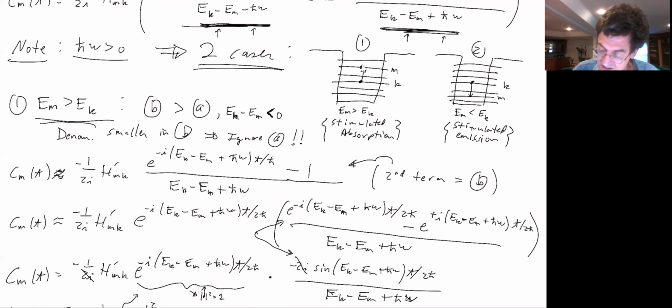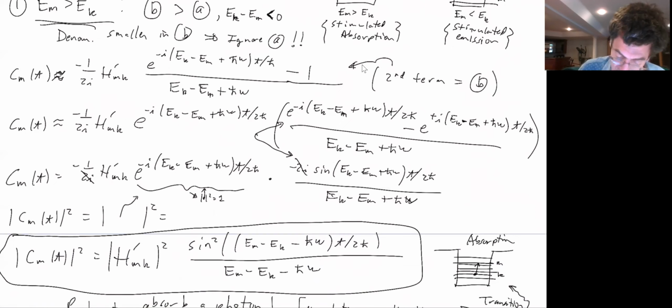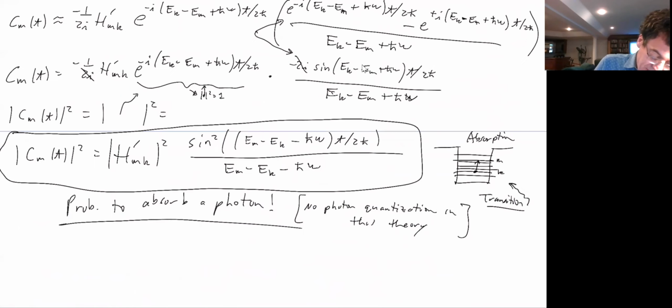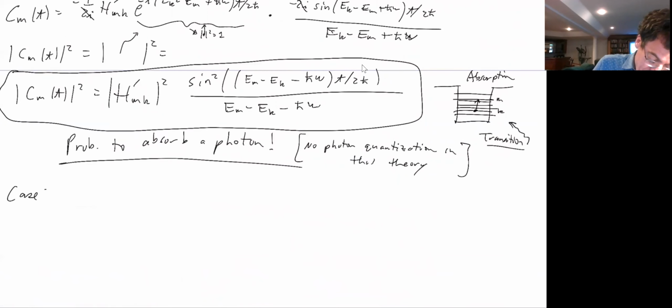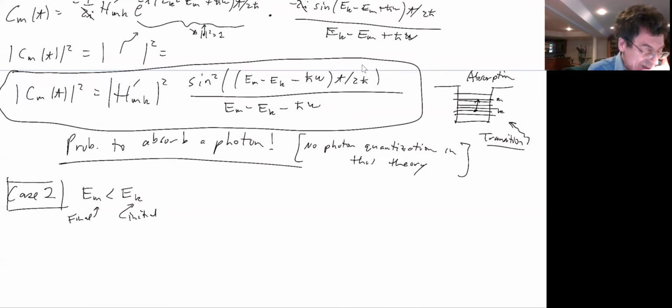So for the second case, the final state is below the initial state. So let's consider case 2, where Em is less than Ek. So this is the final state, and this is the initial. And this is the emission of a photon.